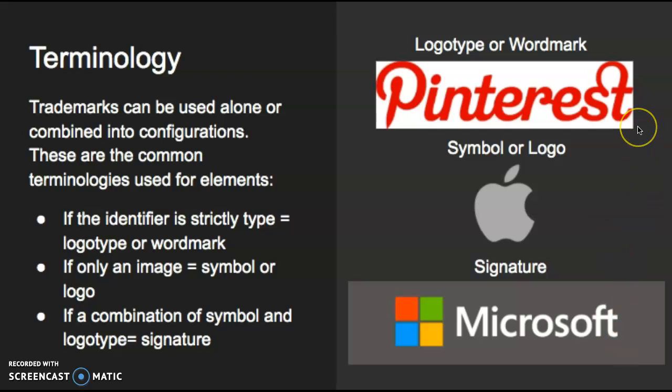Most of these do have a word or logotype that goes along with it, as well as a symbol, but it needs to have both in the actual image to be considered a signature. Okay, that can be a little bit confusing, especially because if we know the brand so well. For instance, Nike has both a word and a logotype and a symbol, but they need to be together in the actual image to be considered a signature. Okay? So please don't let that trip you up on our little mini quiz.